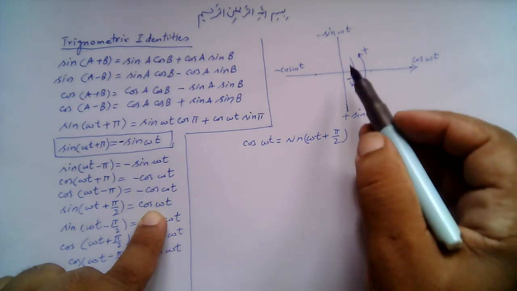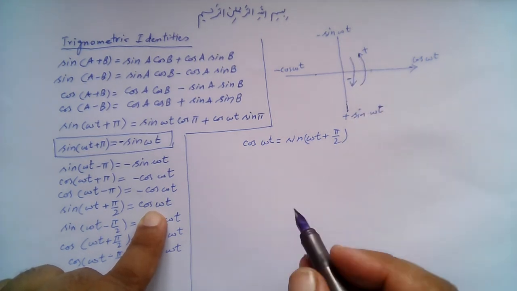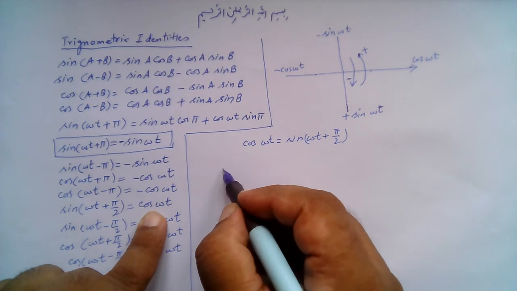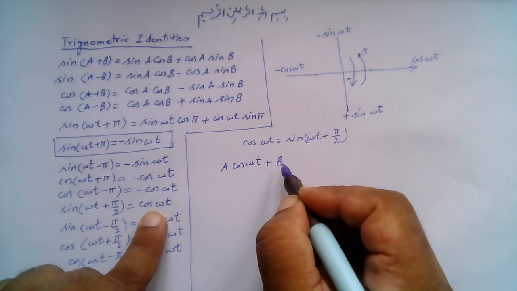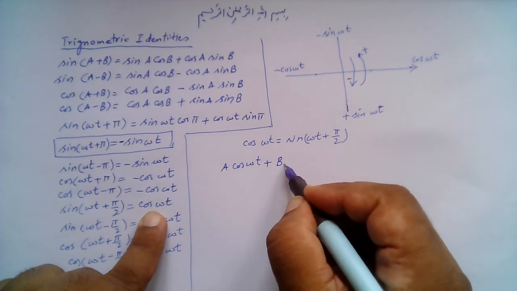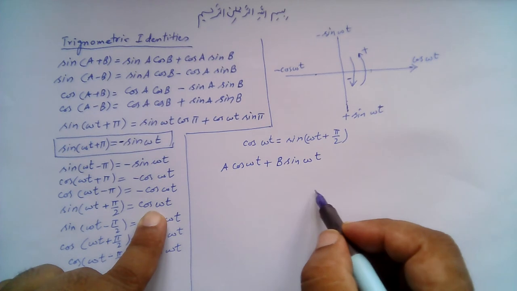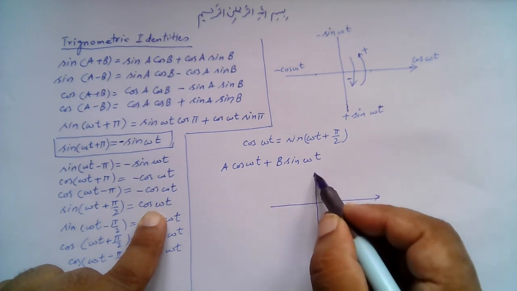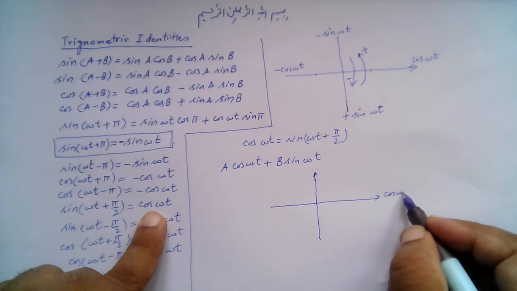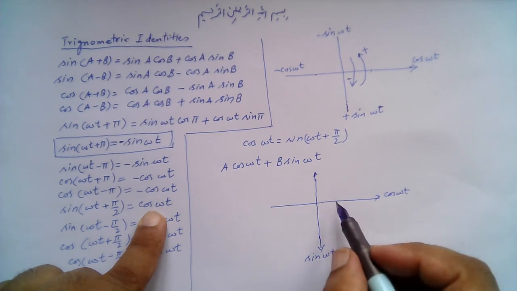Moreover, this graphical form can also be used for the addition or subtraction of sinusoids. For example, consider a cosine omega t plus b sine omega t, right? So again, let us draw this. This is cosine omega t, and this is sine omega t.